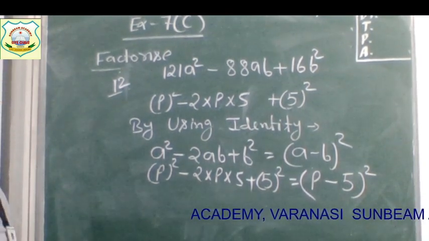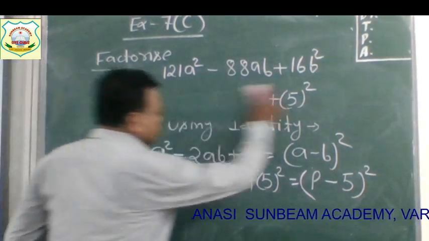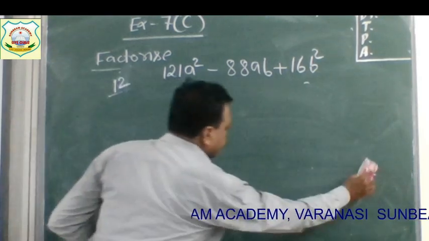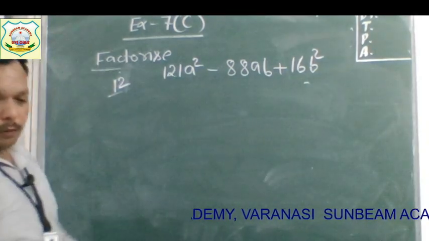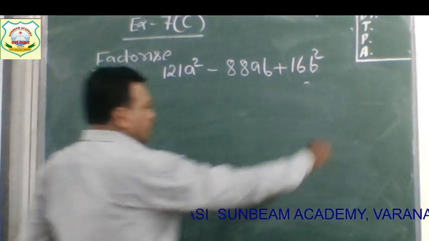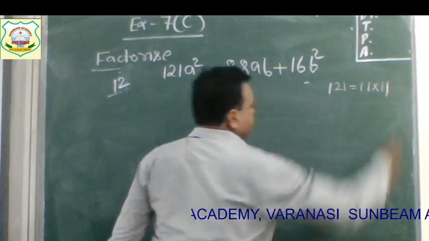First of all, we try to change it to a square and b square. Here we see a square with 121 given. You know that 121 is the square of 11, 11 into 11, 11 whole square.